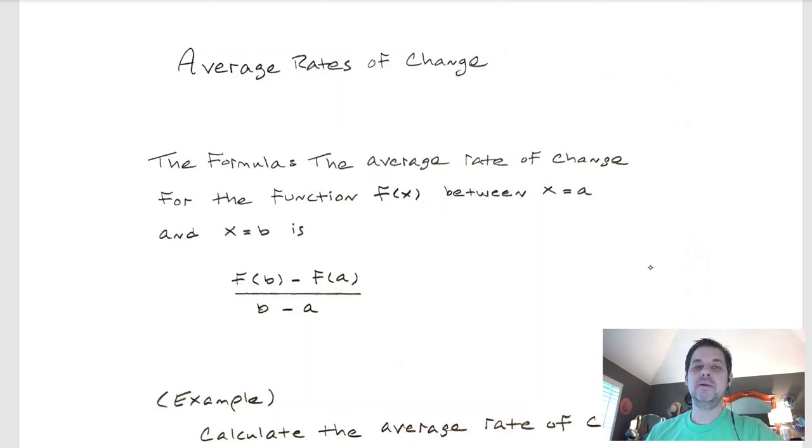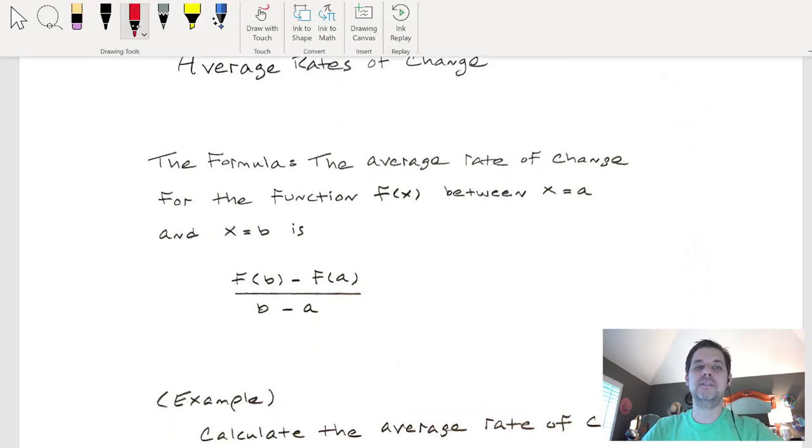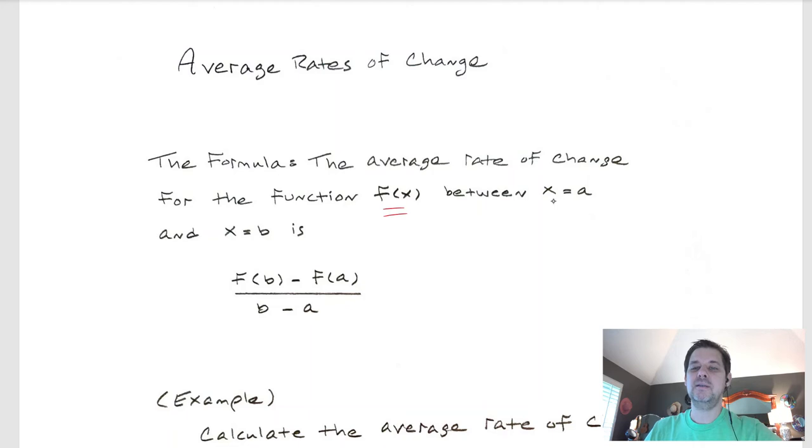Okay, so an average rate of change. What we'll encounter might read something like this: the average rate of change for a function between number a and number b. So we'll have a function and two numbers, and we can calculate the average rate of change.